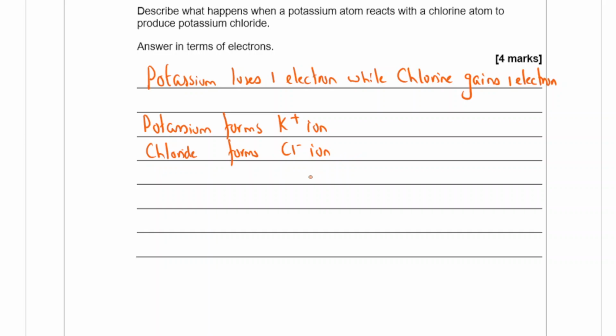Potassium, it will still be potassium ion. Right? And actually, this will give you 3 marks. Potassium loses an electron is 1 mark. Chlorine gains an electron is another mark. Reference to 1 electron is your 3rd mark. And any of these 2 points is giving you the 4th mark.